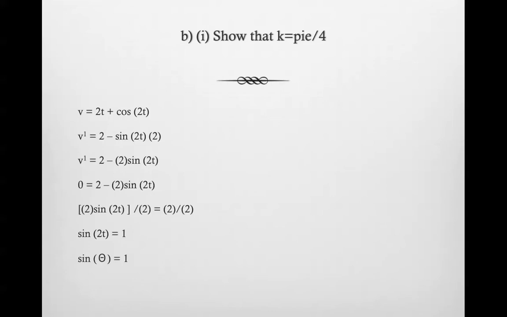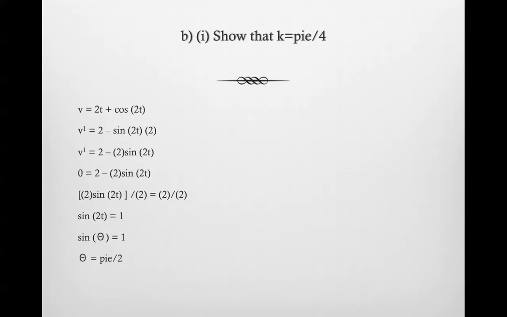And we know from our trigonometry unit that when sine theta equals 1, theta is equal to pi over 2. So from this, we can sub in pi over 2 into sine 2t equals theta, since we know that theta is pi over 2. So 2t equals pi over 2, and we divide both sides by 2 in order to find out what t is.